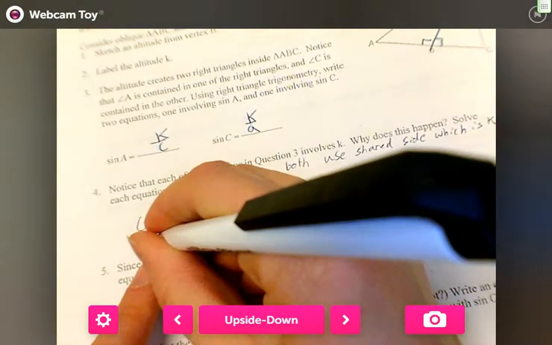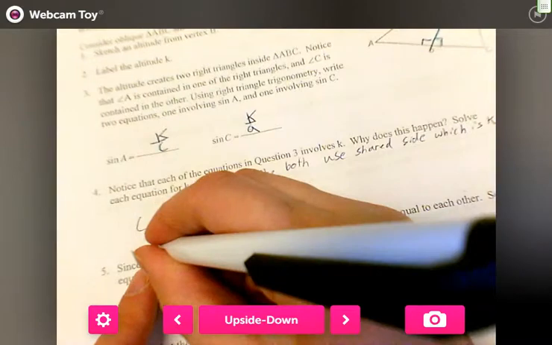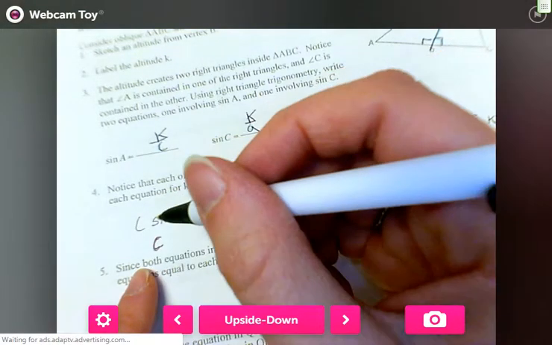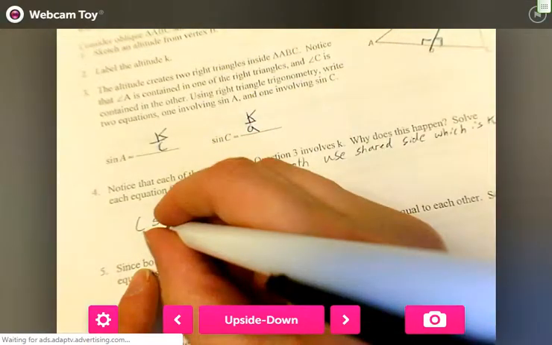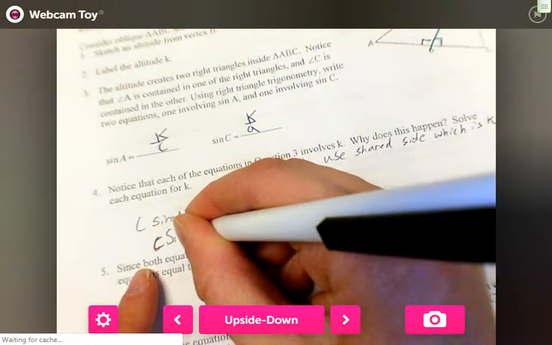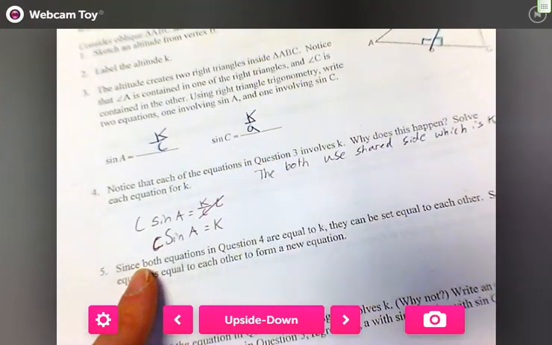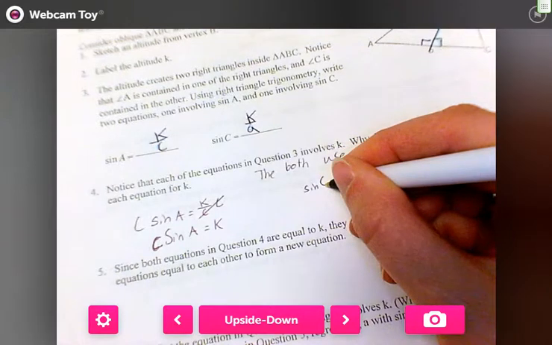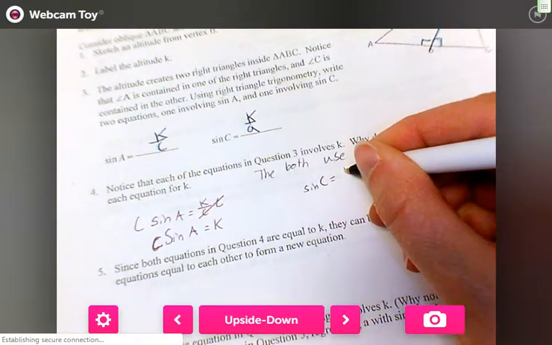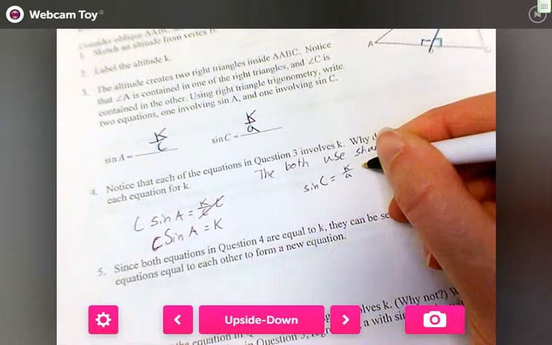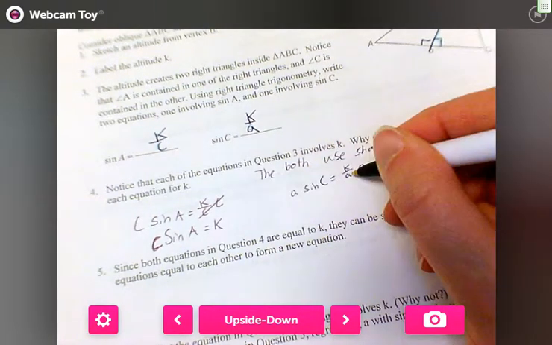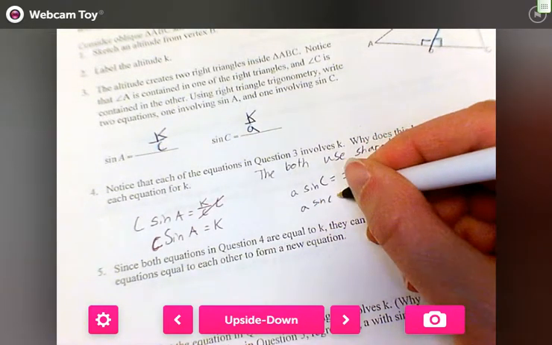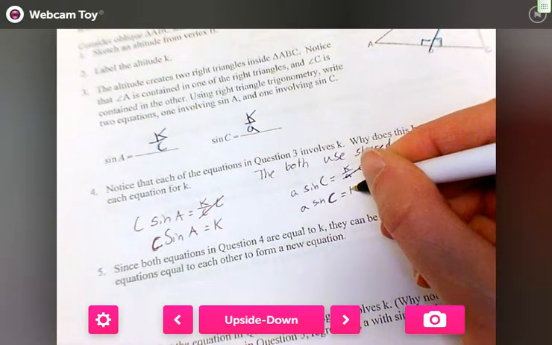And we get little c sine A equals K. It's important to make the capital letters distinct from the lowercase for this. And then if we go sine C equals K over a, we multiply both sides by a, right? So little a sine C equals K. So far, so good?